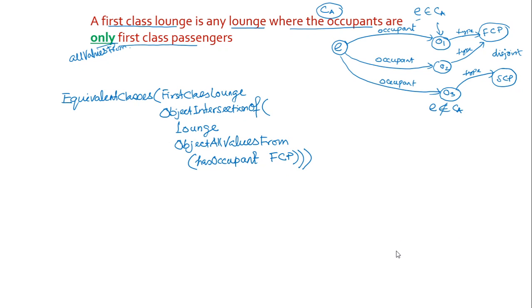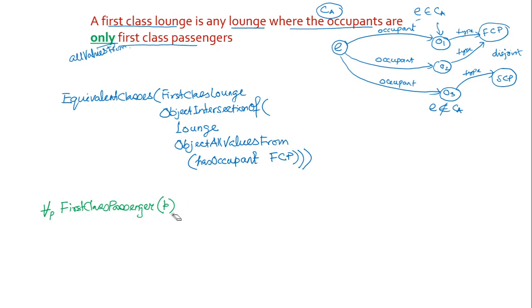And let us try to come up with the corresponding first order logic form, right? So for every passenger, for all passenger, it will be designated as first class passenger, P. Oh, we are defining first class lounge.